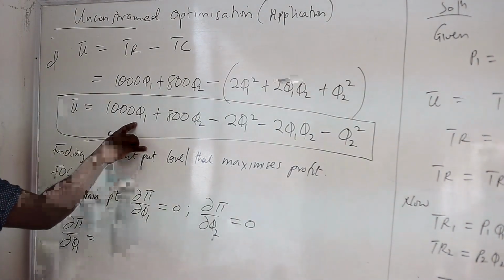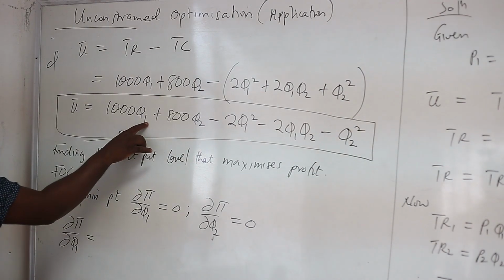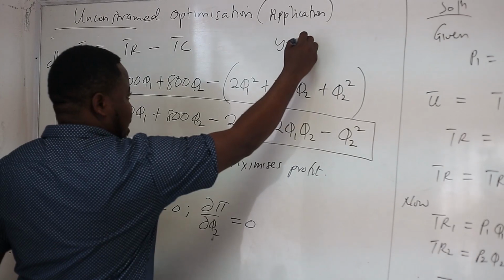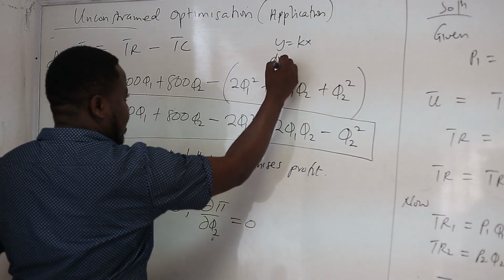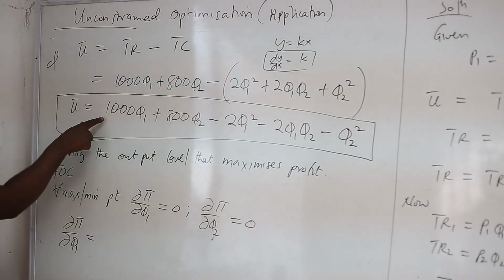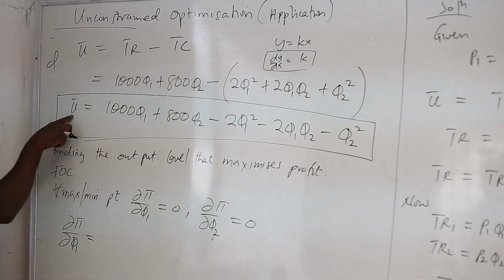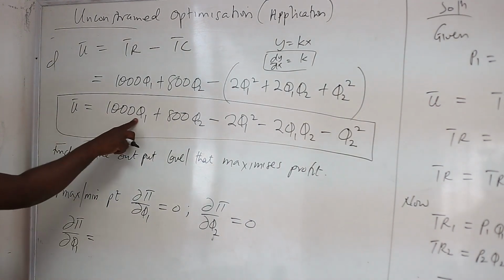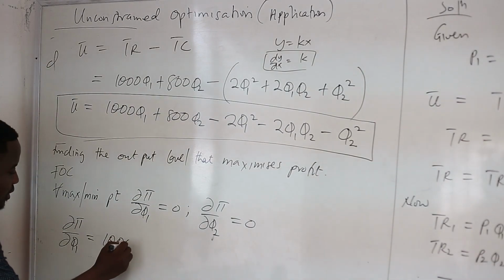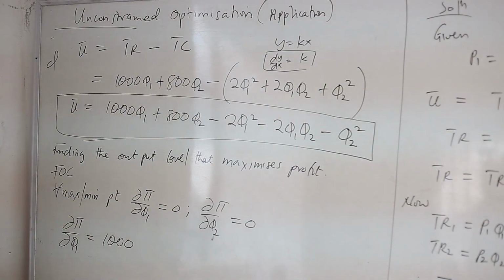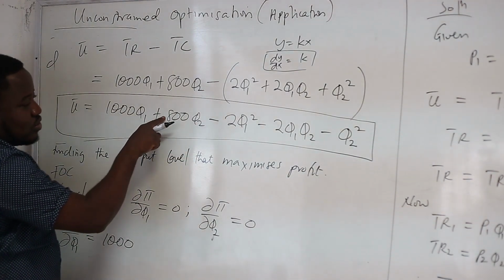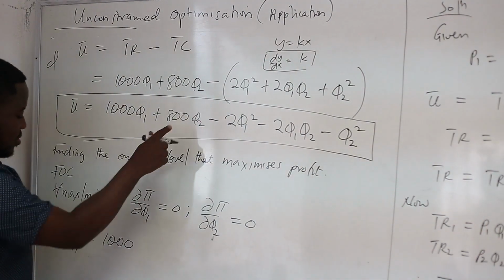Just like we have y is equal to kx, dy dx is equal to k. So we are differentiating this with respect to q1, we get 1,000, okay? Then when we come here, we have 800 q2. There's no q1 here. So this will give us 0.